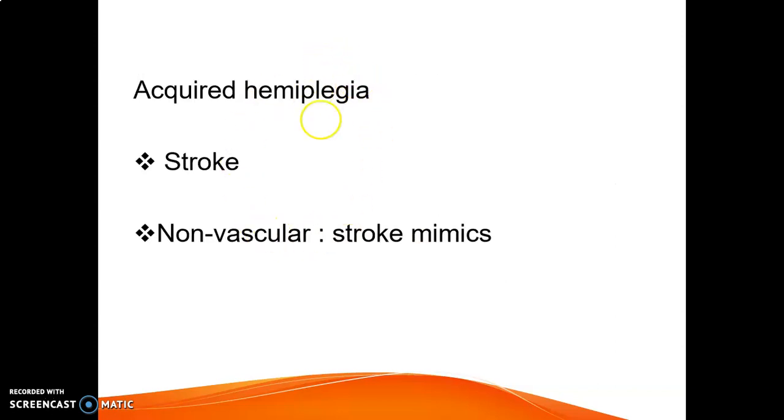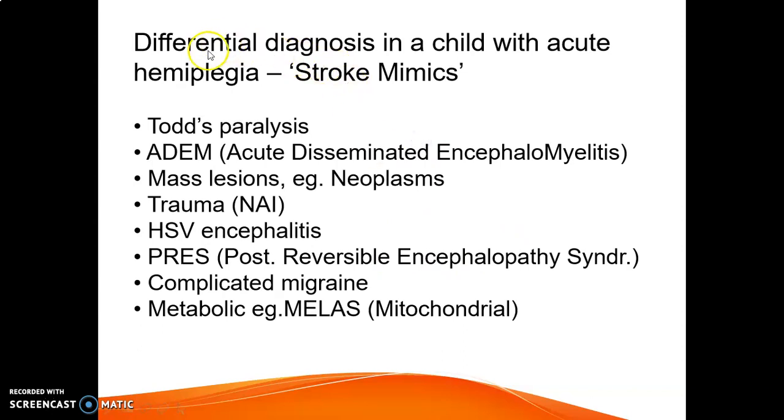In acquired hemiplegia, we already talked about congenital hemiplegia. Now we are going to acquired hemiplegia, which is stroke, and the other one which is not stroke, which is non-vascular but mimics a stroke. Differential diagnosis: which are not stroke? One is Todd's paralysis.